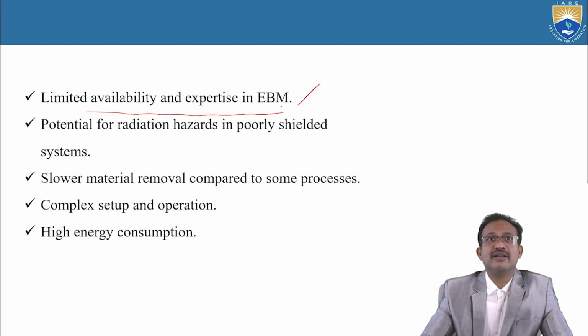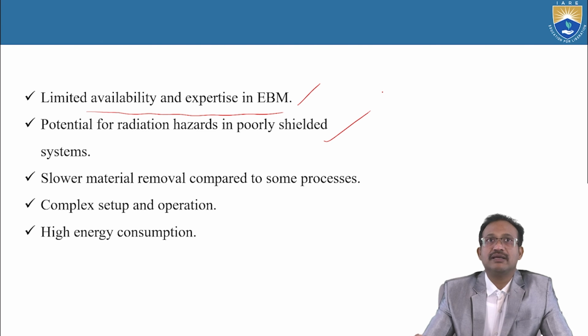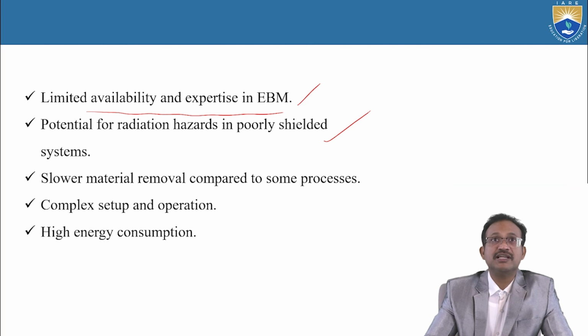Next, potential for radiation hazards in poorly shielded systems. Already we have shown that the entire setup is housed within a vacuum chamber. Potential for radiation hazards in poorly shielded systems: if the shielding is poor, then there will be radiation hazard.